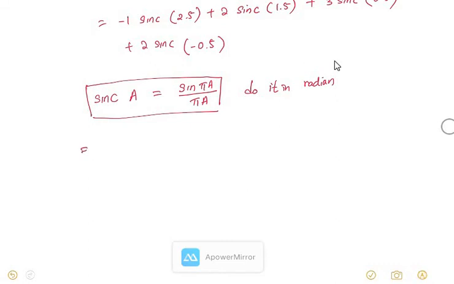So for the first one, we just substitute sinc A equal to sine pi A over pi A, where A is 2.5.